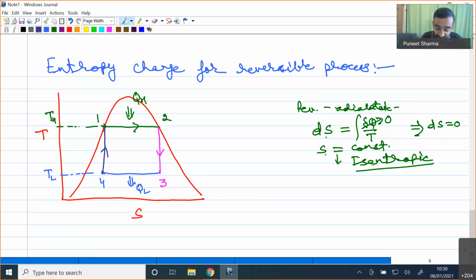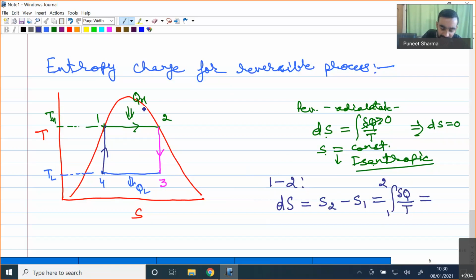Now, if I have to calculate the entropy change for the individual processes, take process 1 to 2. The entropy change ds, which I can simply say is S2 minus S1, is equal to the integration from 1 to 2 of del Q by T. Here del Q is QH, the amount of heat we are adding, and we add this heat at constant temperature TH.